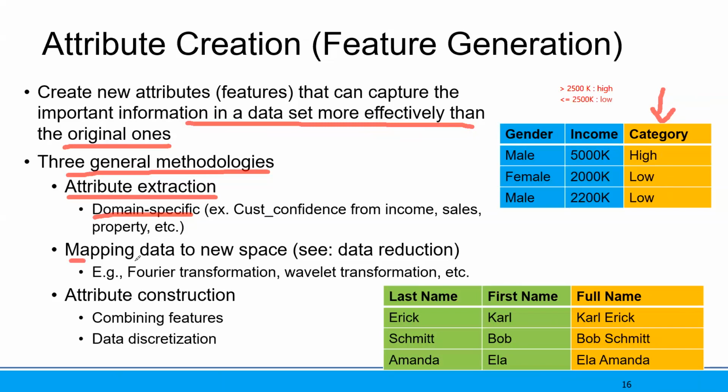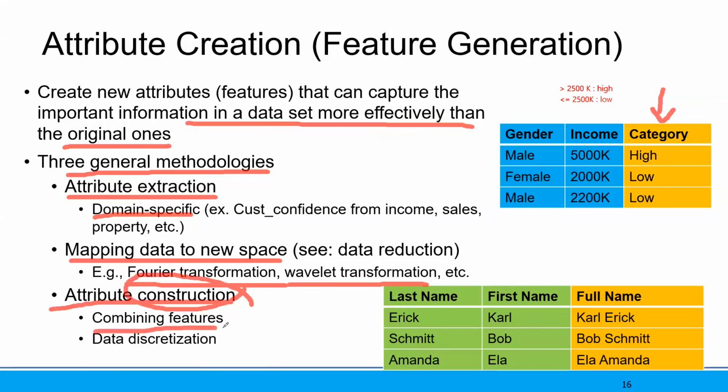Another way is to map the data to a new space. We learned about the wavelet. It is a data transformation, or other transformation like Fourier transformation. Or we can do attribute construction. We want to create new attributes.